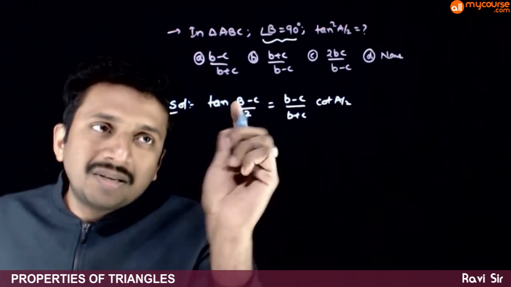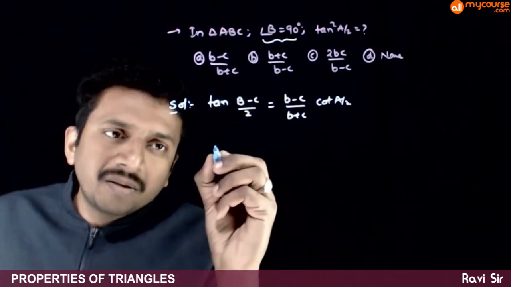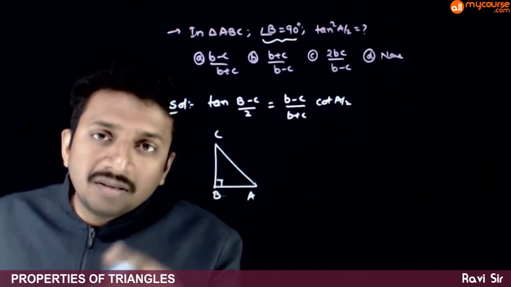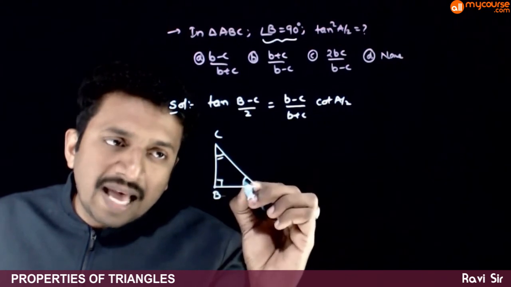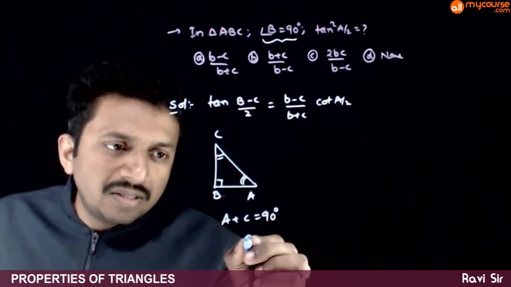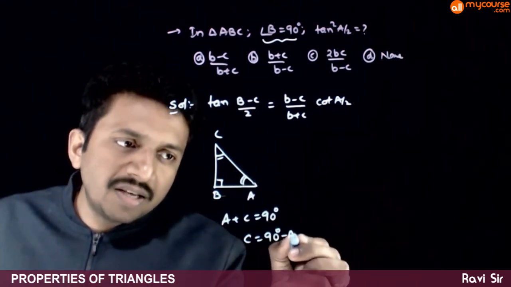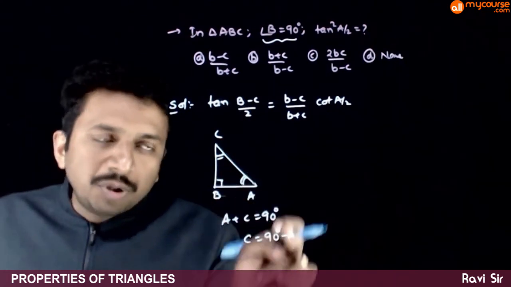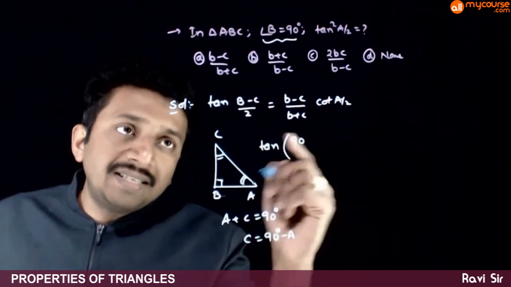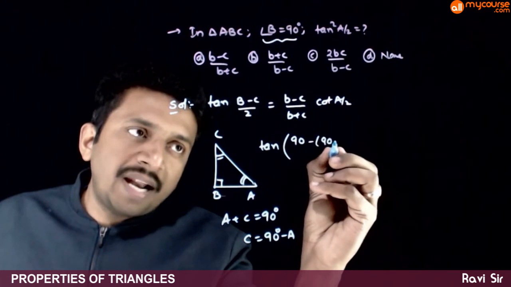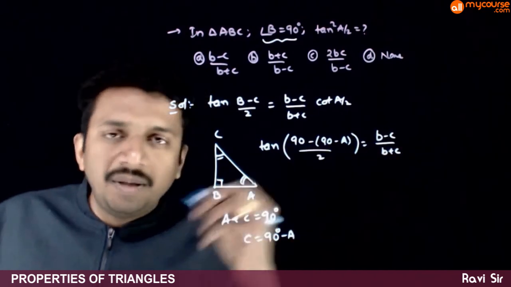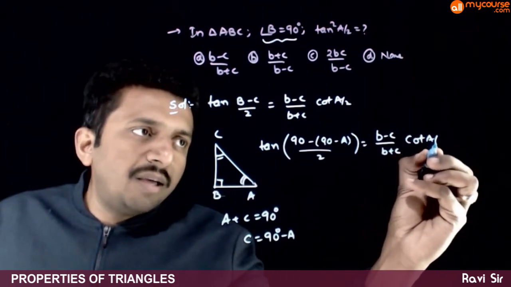So what I do is, it's already given that B is 90 degrees. So if you take the triangle, angle B is 90 degrees. So obviously angle C plus angle A will be equal to 90 degrees. So C will be equal to 90 degrees minus A. So if you substitute both of them here, you get tan of (90 minus (90 minus A)) by 2 is equal to (b minus c) by (b plus c) times cot of A by 2.